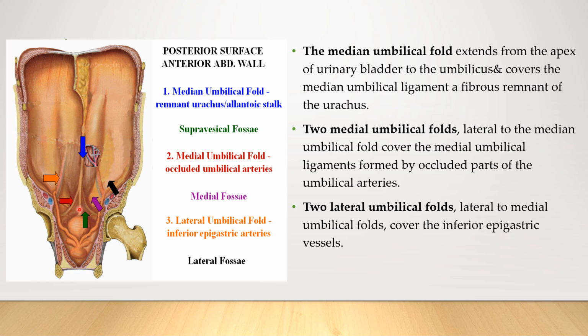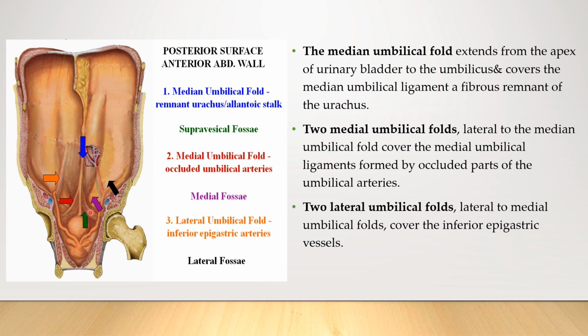Then the folds on either side of this median umbilical fold are the two medial umbilical folds. So this peritoneal fold in the median plane was the median umbilical fold, and the peritoneal folds present on both sides of it are known as the medial umbilical folds.